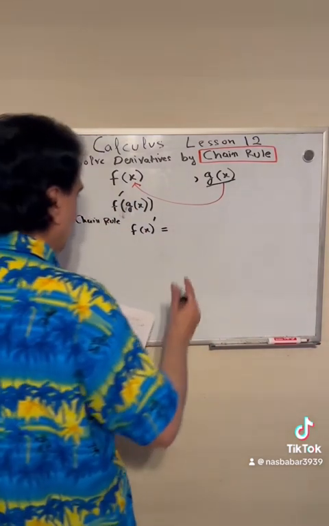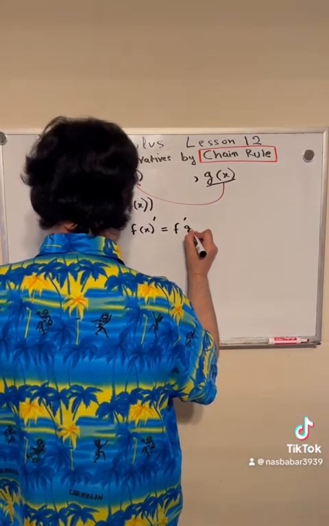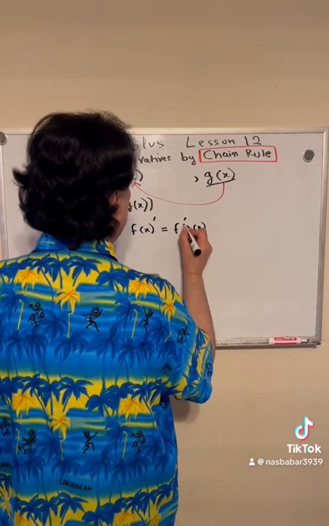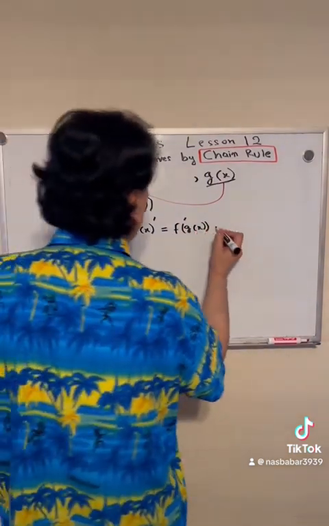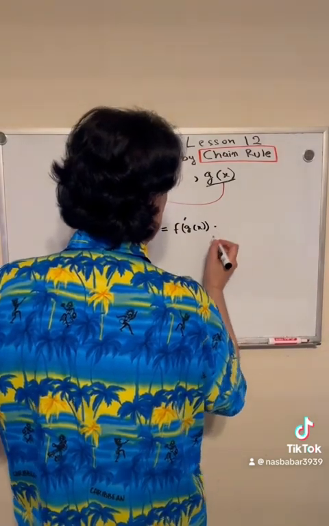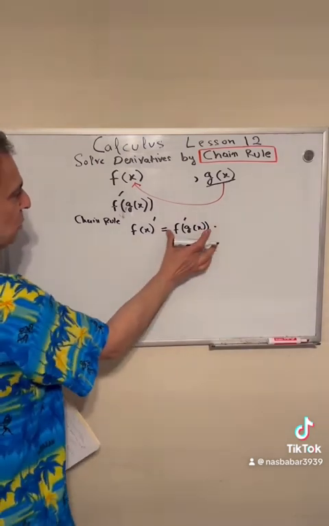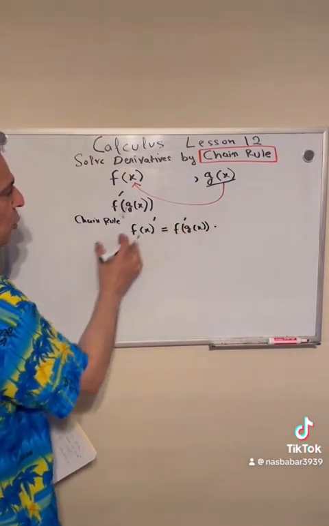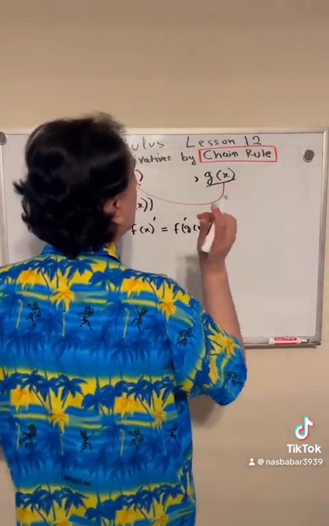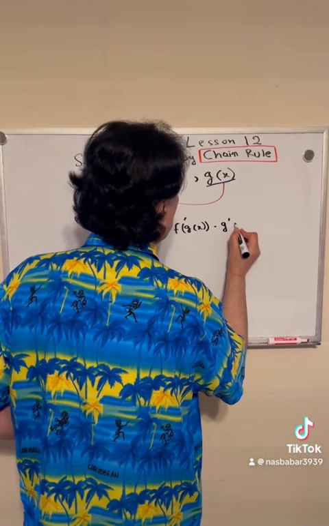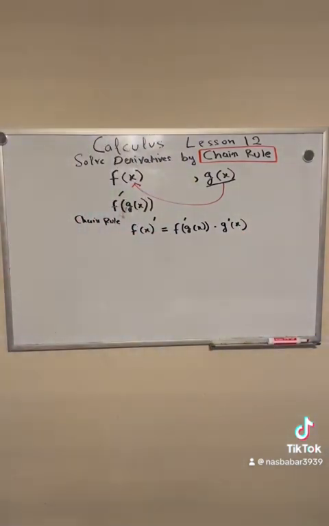So it's going to be f prime of g of x. Then you multiply by the derivative of the inside. So we took f prime of the whole thing, and now we take the derivative of what was inside, which is g prime of x. So that is, my friends, the chain rule, okay?